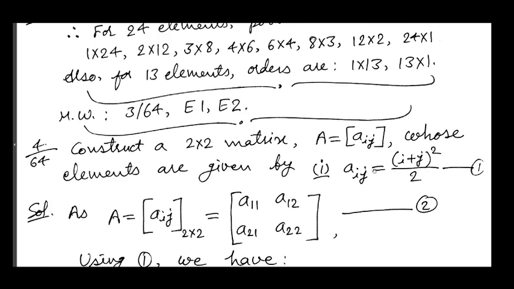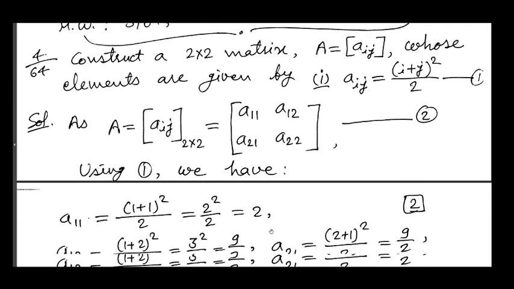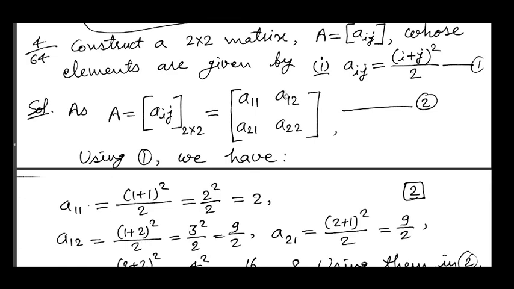We are given the general formula for Aij. By putting appropriate values of I and j here, we will be able to get A11. A11 means I should be 1 and j should also be 1. So from this formula 1, we get A11 as 1 plus 1 whole square upon 2, that is 2. Likewise, when you need A12, put I equal to 1, j equal to 2, it would be 9 over 2.